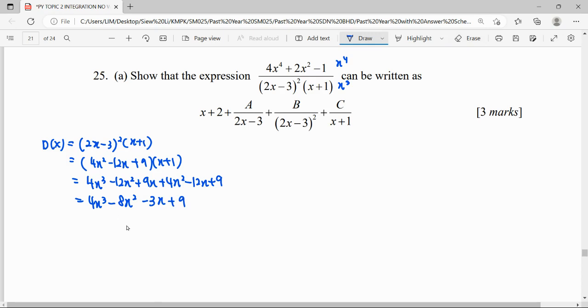Then we're going to start to do our long division. For the term of x to the power of 3, we'll put 0. For the term x to the power of 1, we also put 0.